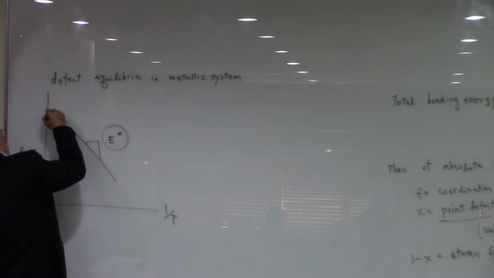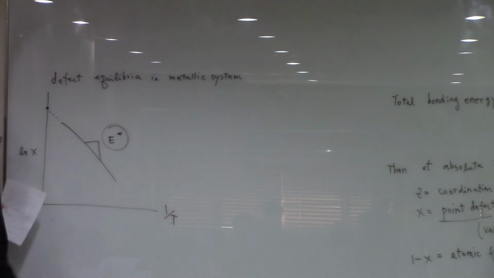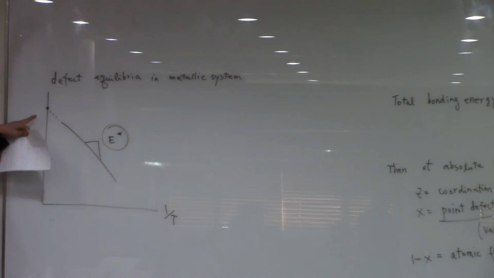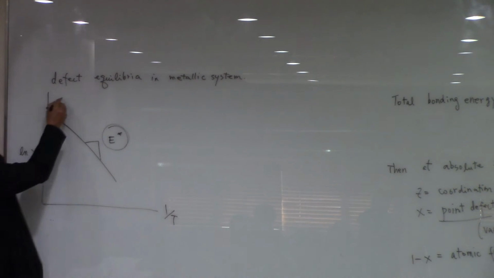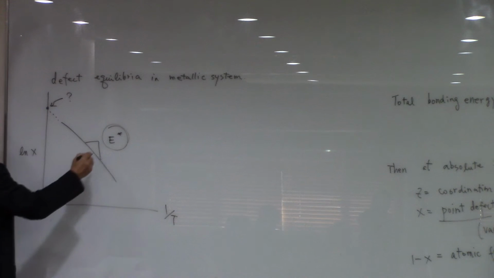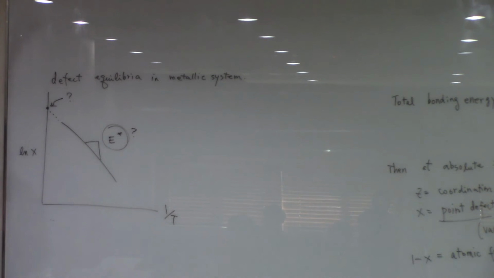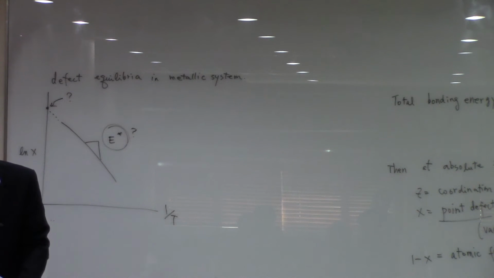And then we can find the intersection point at the extreme end. What is this value? We want to deduce these two from the discussions.